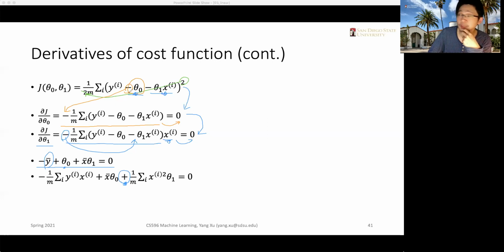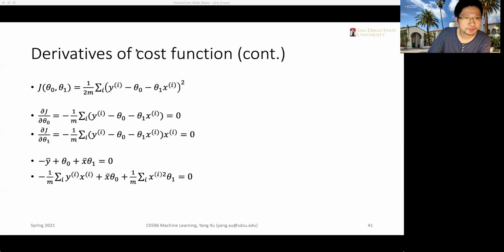Let me see if I can explain this here. Let me first clear all the output here. Let's refer to this whole thing within the brackets as something like A. So we want to take the derivative of J with respect to theta 0.